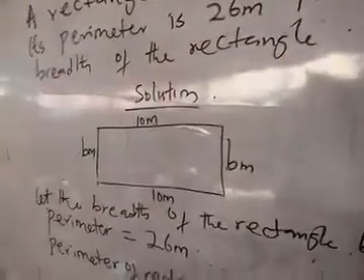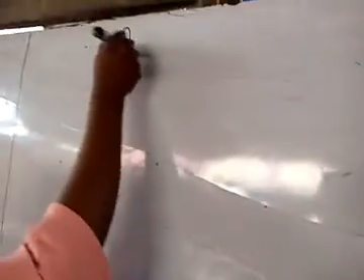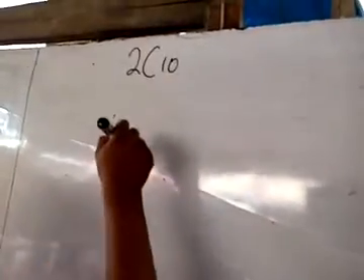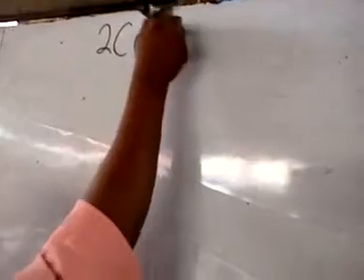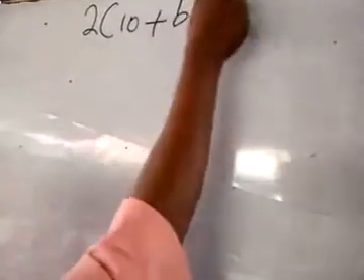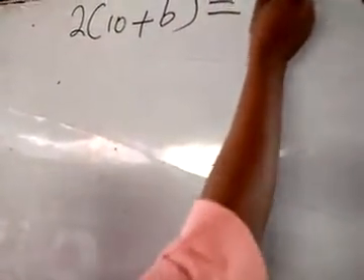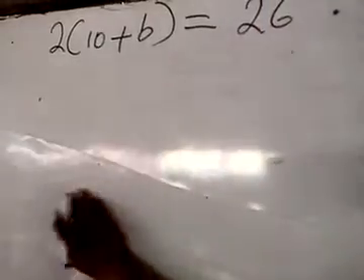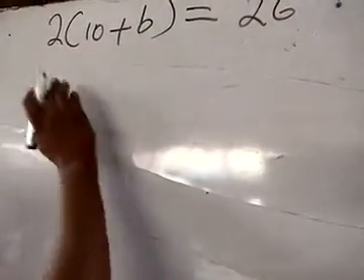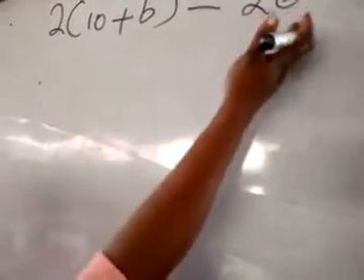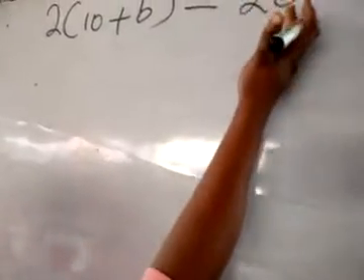So your L is 10, and then your breadth is B, and that will give you 26. That is the perimeter.